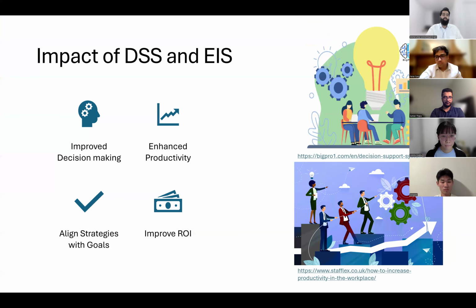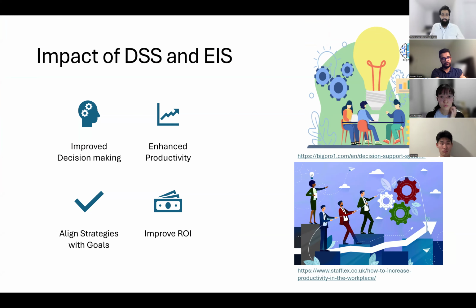Coming to the point, why and what impact do decision support systems and executive information systems have? Firstly, to go off the topic, I would like to explain that DSS and EIS both seem as if they are helping to make decisions, but as clearly explained by Suman earlier, there is a level. DSS is below the executive information system.